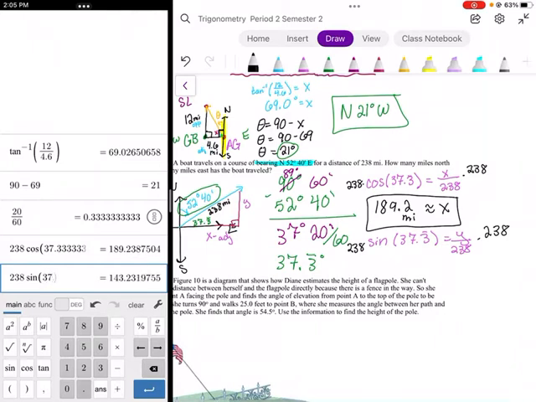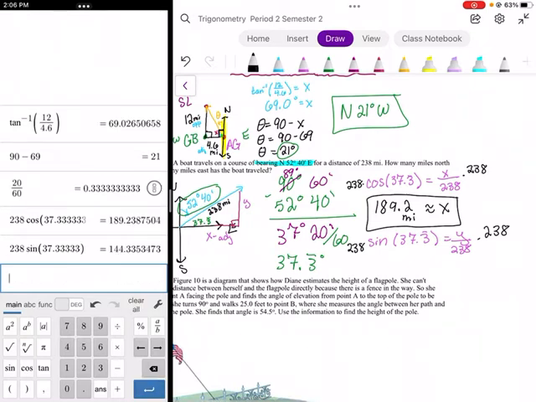And we're going to put about 5 threes there to get our answer. And this would be about 144.3 miles. And that is our y value.